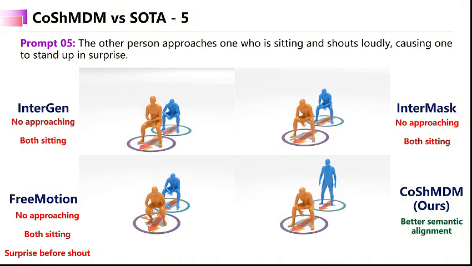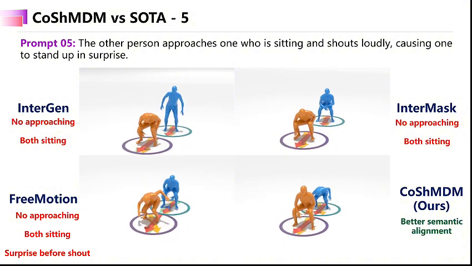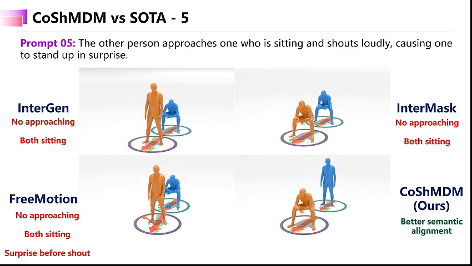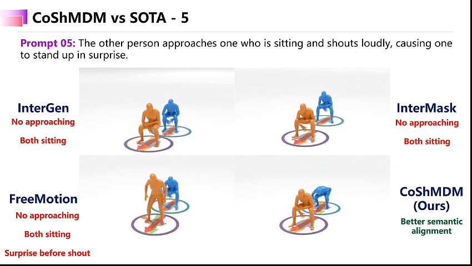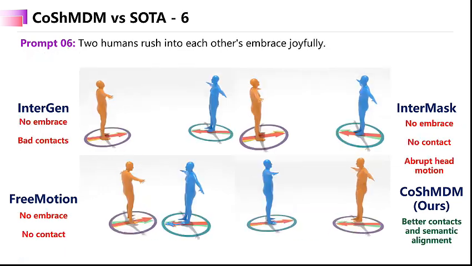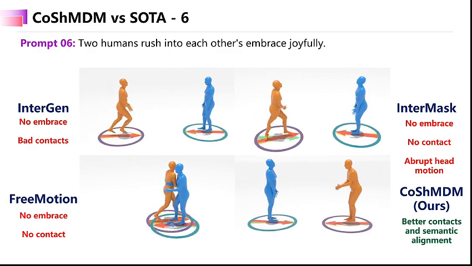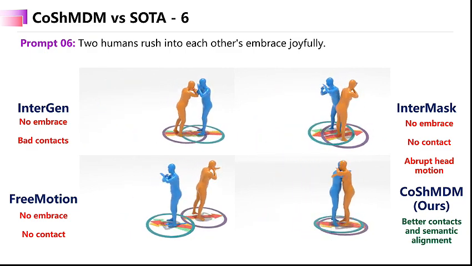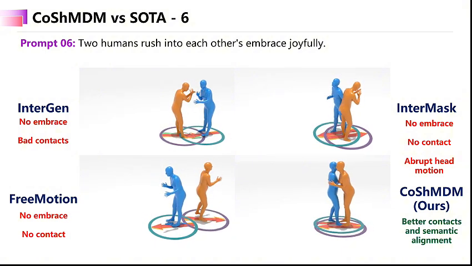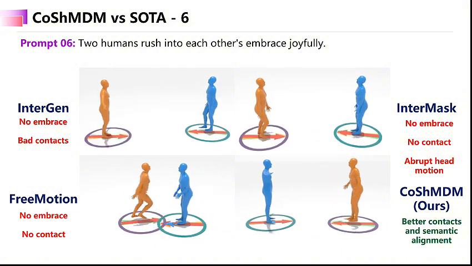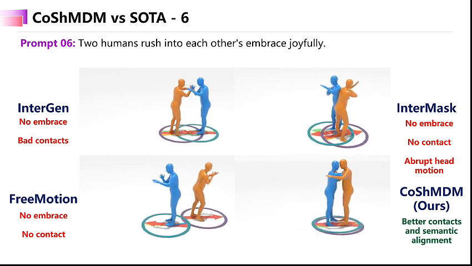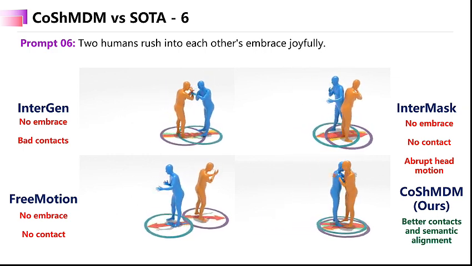Again, in this example, CoShMDM correctly captures the causal motion, where surprise follows the shouting, unlike the baselines, where the character role and the sequence of actions are confused. Similarly, in the embracing interaction, CoShMDM shows a realistic approach, contact, and head motion as compared to the state-of-the-art methods, which fail to produce the action and contact completely.